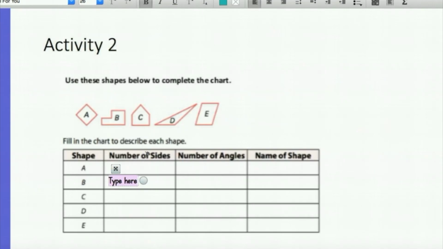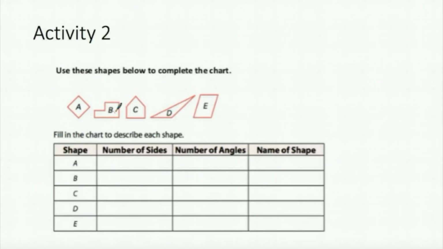So it says number of sides. Let's count them. 1, 2, 3, 4, 5, 6 sides. And how many angles? So because this is kind of smaller on my screen, I'm going to erase that, but you could probably do it in pencil with yours.